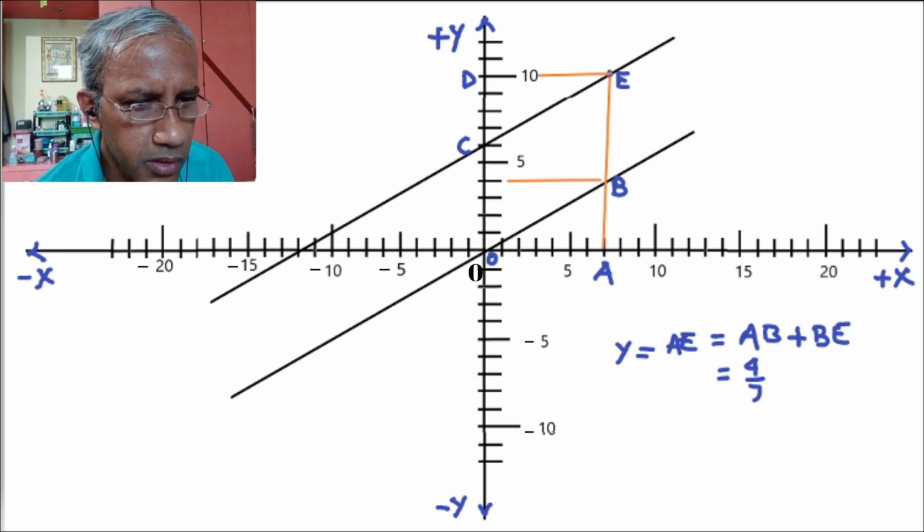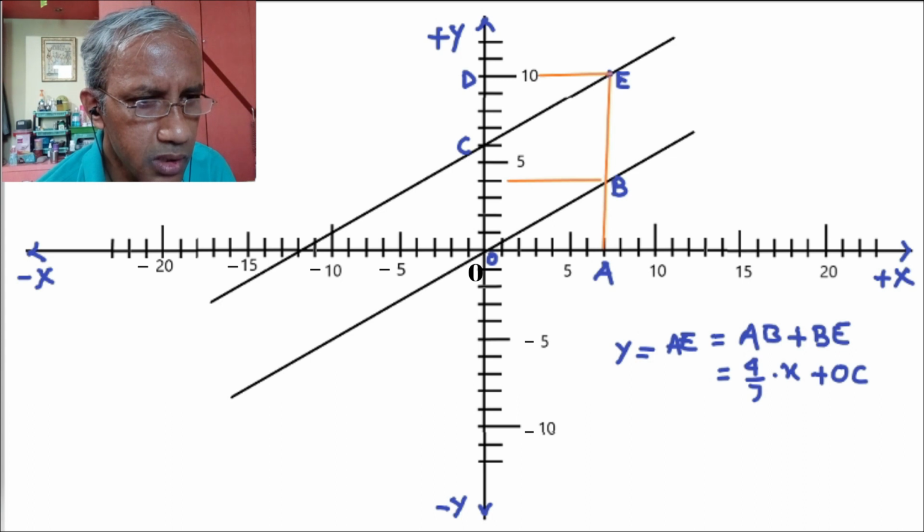So 4 by 7 is the coefficient of the x for the triangle. For AB, that would be multiplied to the base, that is the x coordinate, and BE is equal to OC, because both the lines are parallel to each other.